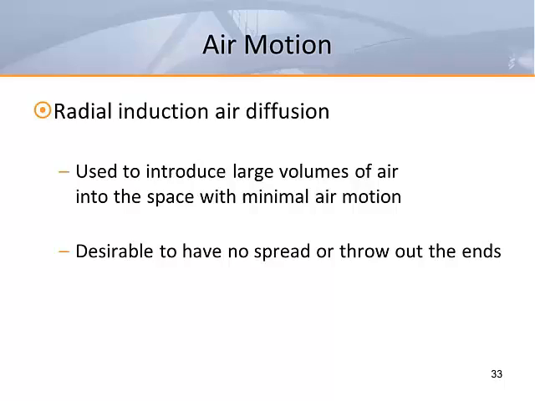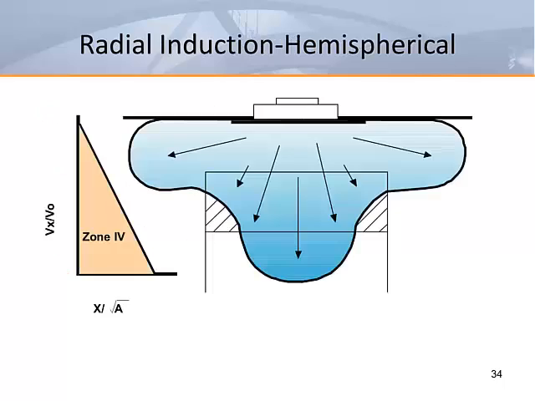Typical laboratory environments require diluting the room air with high volumes of clean air while maintaining low velocities in the occupied space. For laboratory applications, the desired air distribution pattern is hemispherical. This means that the air is distributed both outward and downward from the diffuser, creating an even distribution of low-velocity air throughout the space.